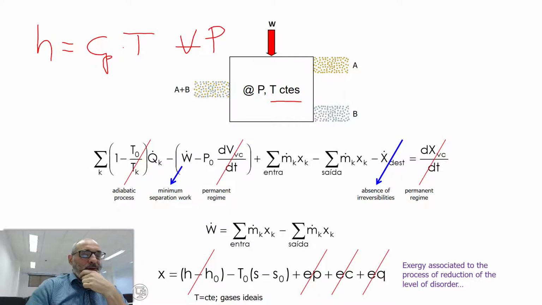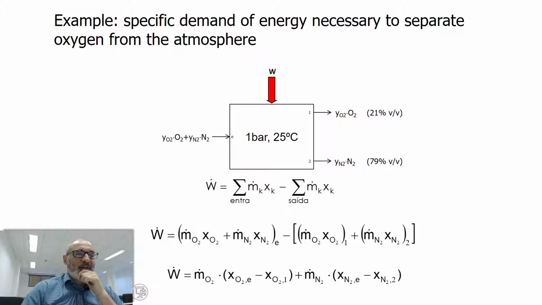So, those are our assumptions, and let's apply that to our system, okay? So, let's consider Earth's atmosphere, okay? And, well, I'm already defining some important terms in our nomenclature, okay?